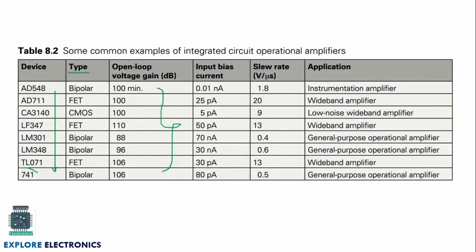Generally the famous or typical one we are always going to consider is 741. This is a general purpose op amp. These are the different kinds of op amps available. You can observe the voltage gains with respect to these devices, input bias current, slew rate, and the amplification type.